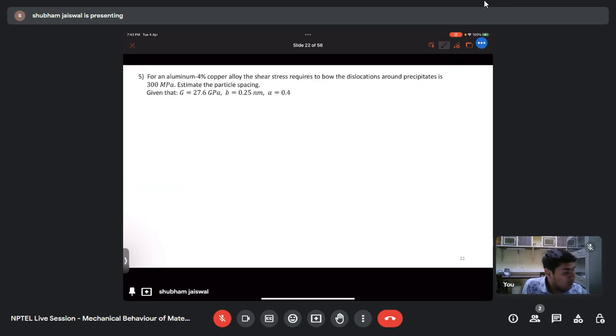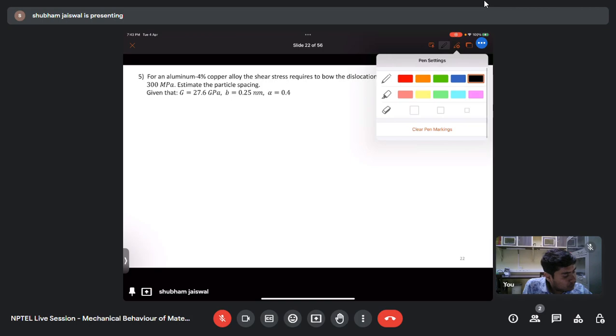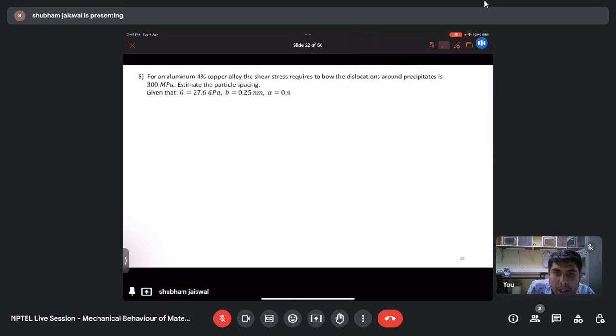It's very simple. So they are asking us, for an aluminium 4% copper alloy, the shear stress required to bow the dislocation around the precipitates is 300 megapascal. Estimate the particle spacing.